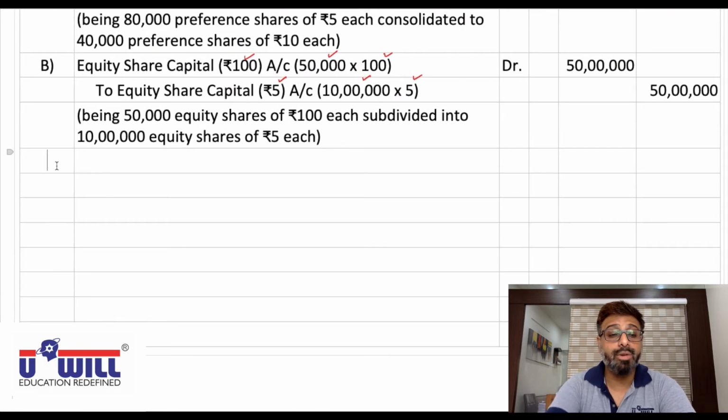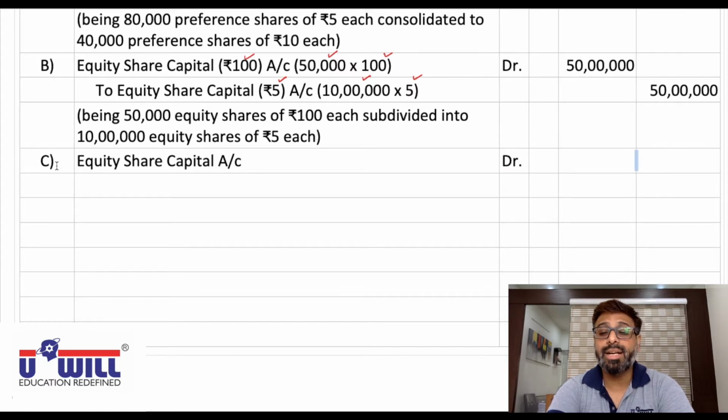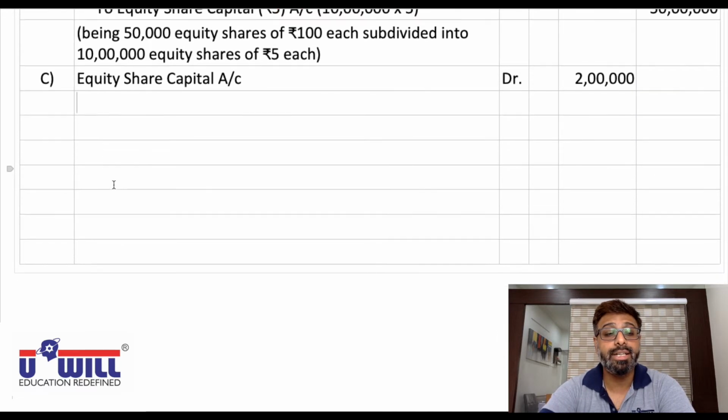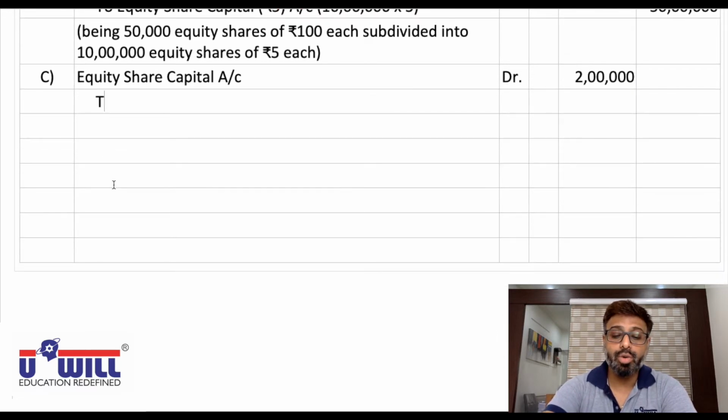So all of you write down C entry. Equity share capital account debit. Here no face value is to be written in bracket. Simply equity share capital account debit with the amount of 2 lakhs, 20,000 equity shares of 10 each. And to equity stock account with the same value of 2 lakhs.